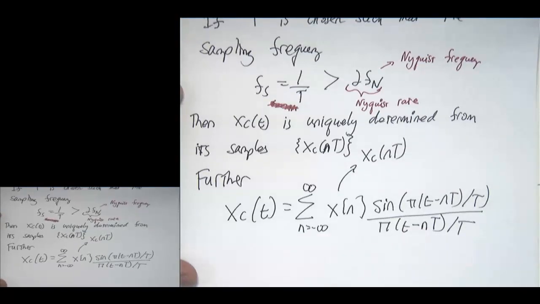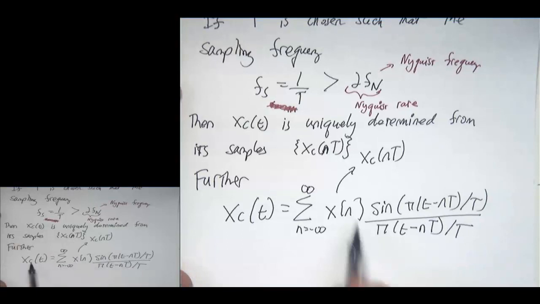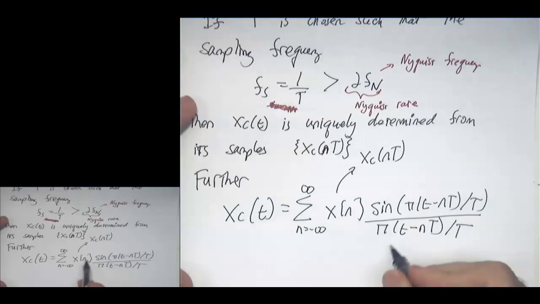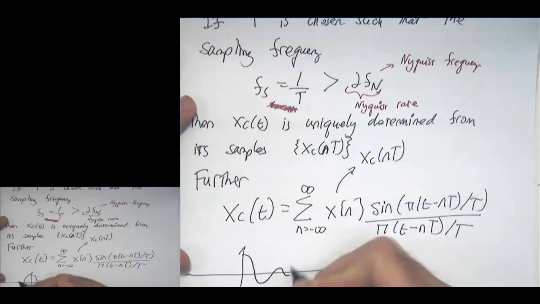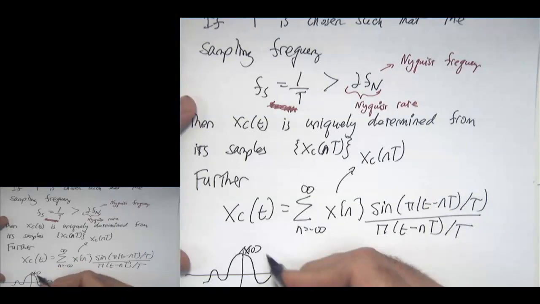Essentially, what this is saying is that we can rebuild the continuous time signal x sub c of t by taking this shifted sinc function, weighting it by x of n, and adding it together. And so the typical picture looks something like this here. You've got a sinc function times x of 0, and then we have another sinc function here.